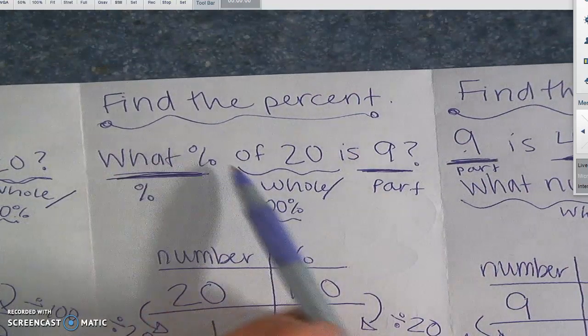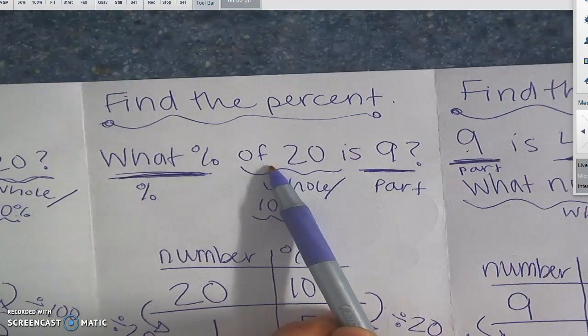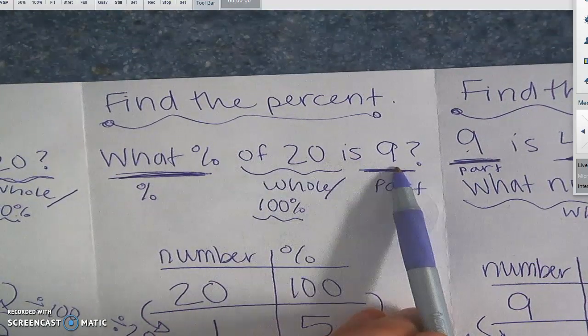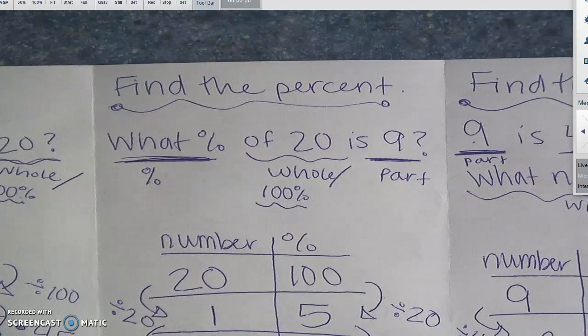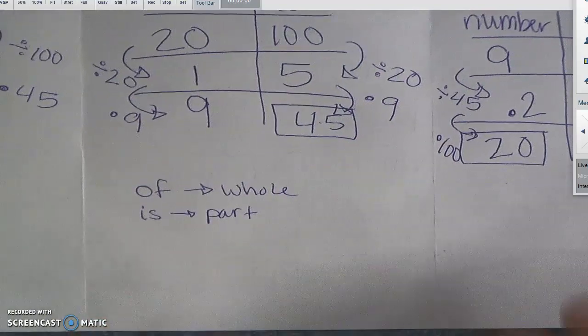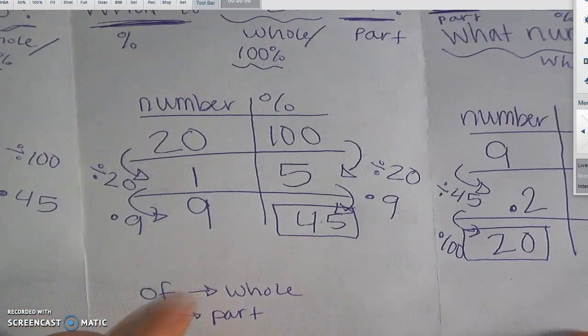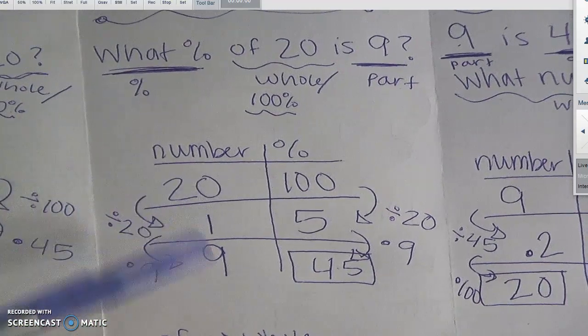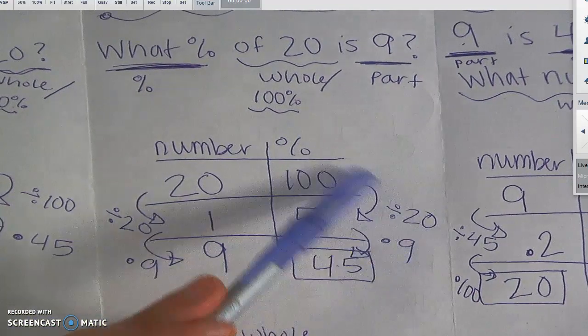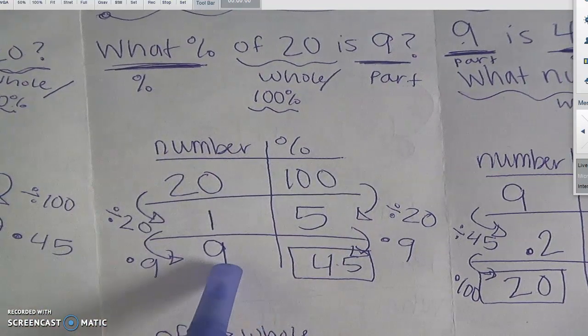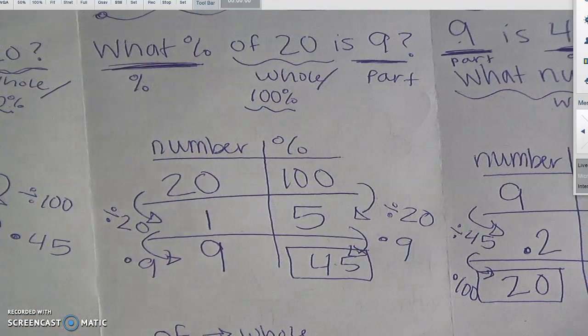But in "what percent of 20 is 9", it was telling us that 20 was our whole and 9 is our part. So write that down just so you have it, but it's not necessarily going to be all the time. But figuring out what's your part, what's your whole, and what's your percent, once you have that, you can fill it into a table, and then we know how to do tables. All right, that is it.